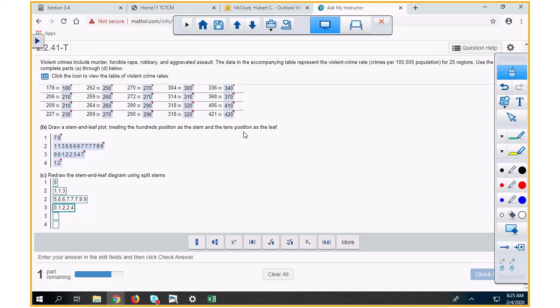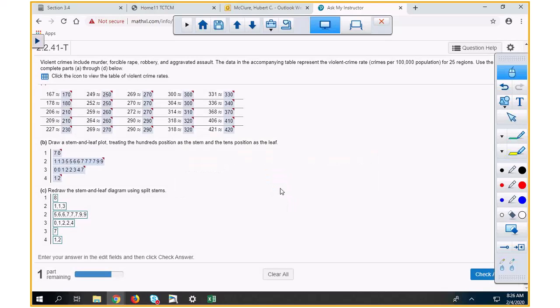And then what? 350 to 390. 350 would be 70, and then 40 would be 10 and 2. And that should be it. Man, that's not right. What did I mess up? I thought there was 2 numbers. 7. Oh, it's supposed to be 7.